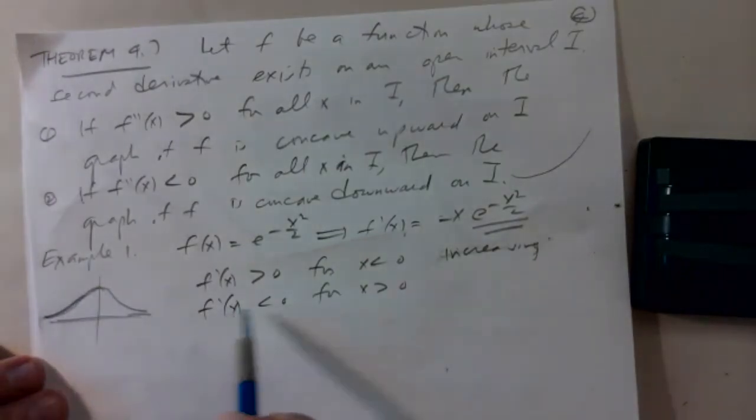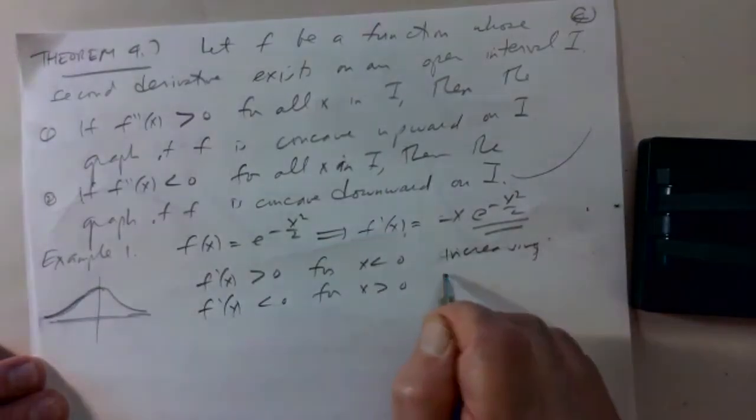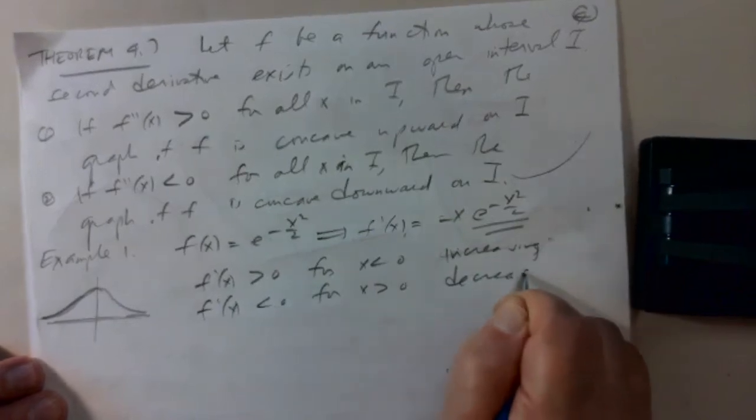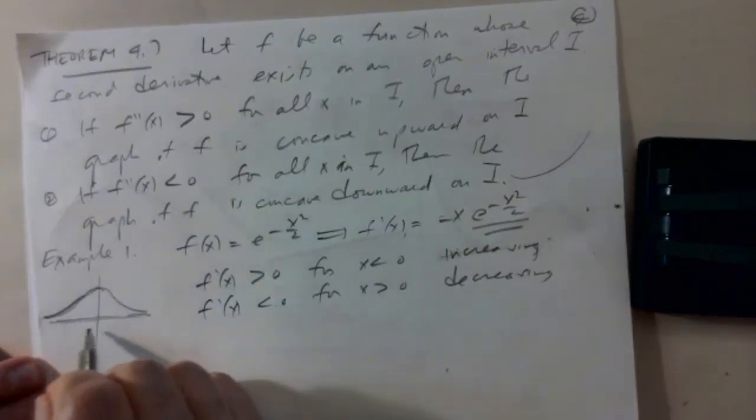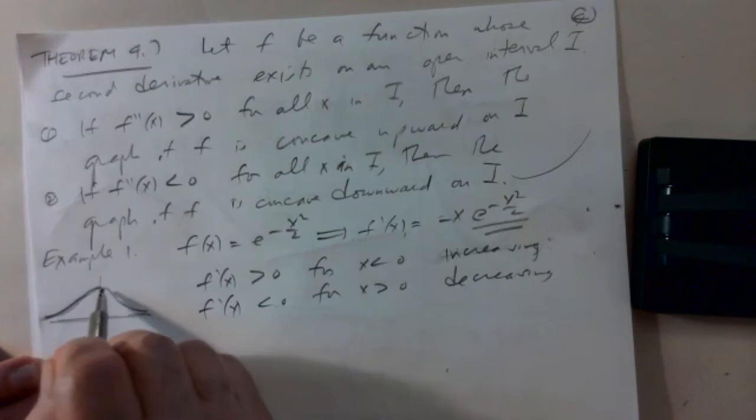Where f prime of x is less than 0, the function is decreasing. So this function is increasing until you get to 0, and then it's decreasing.